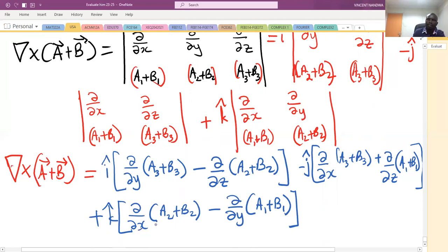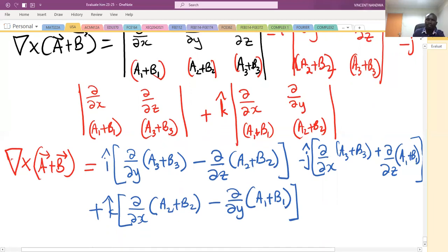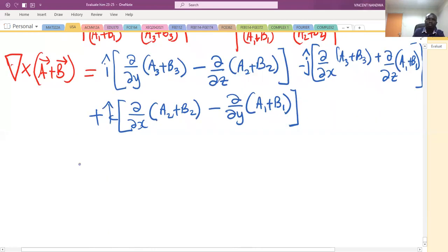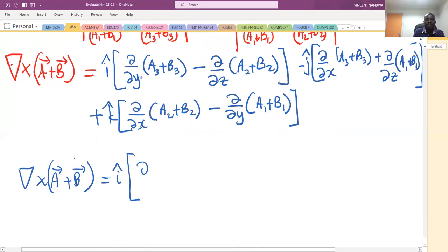Then we can now rewrite these ones as i. So remember, derivative of sum of two functions, we get the sum of the derivatives.